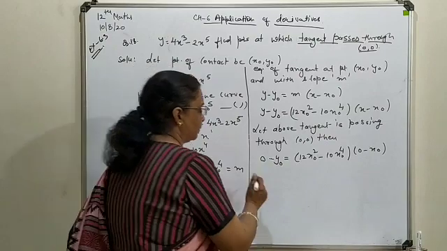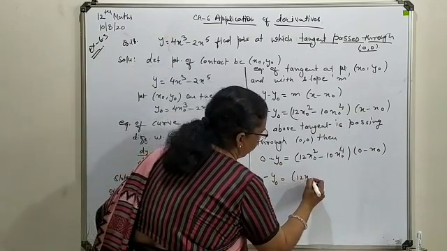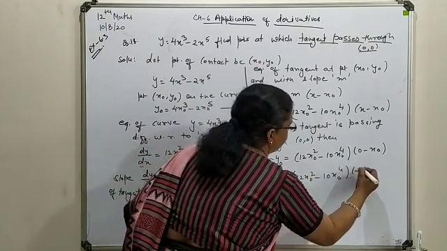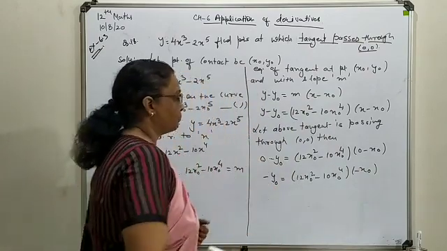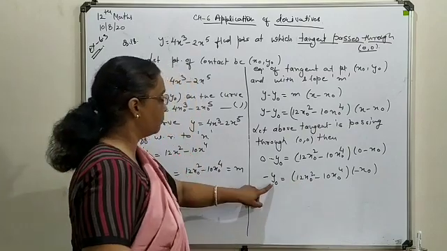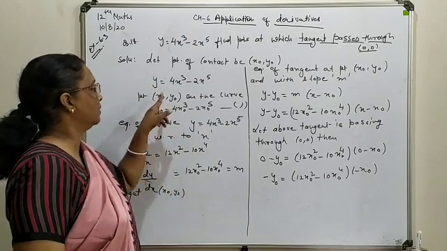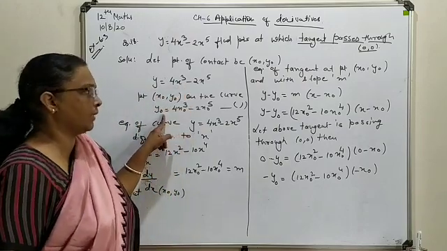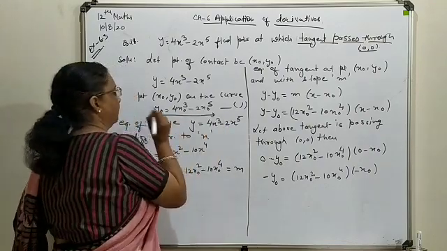Now rewrite: minus y0 equals (12 x0 square minus 10 x0 power 4) times (minus x0). Here minus minus you will adjust. Second thing, here this x0 you will multiply to both. Third thing, this y0 from equation number 1, because this point (x0, y0) will lie on the curve, so it will satisfy the equation of the curve. So now this substitution we will use here.